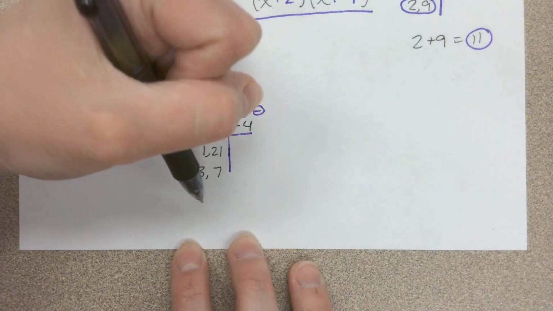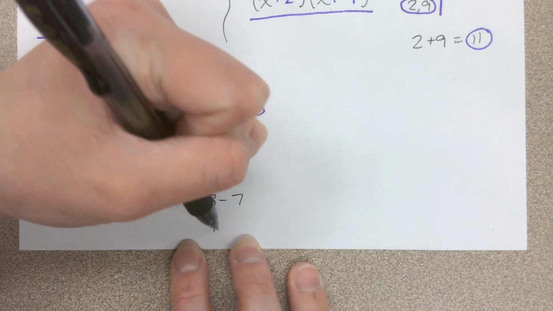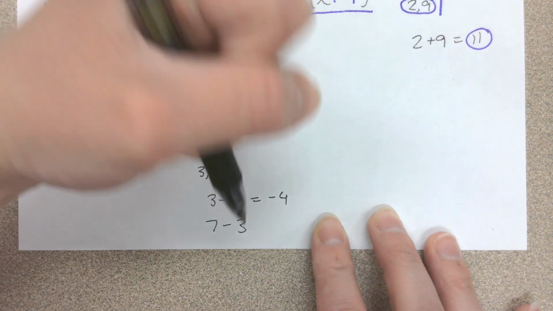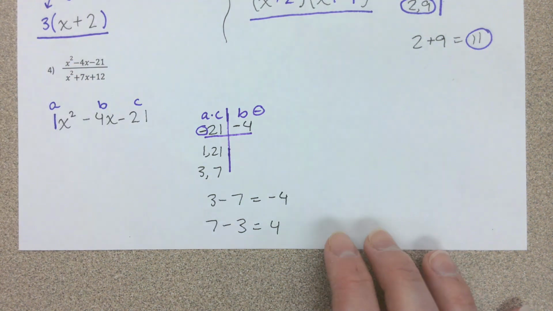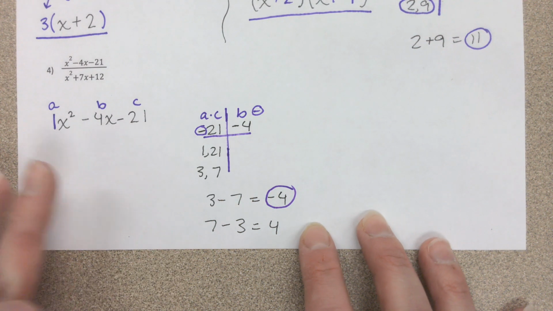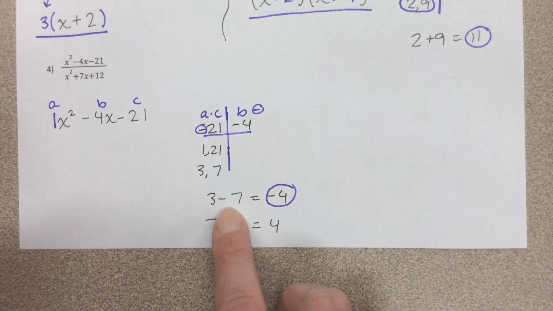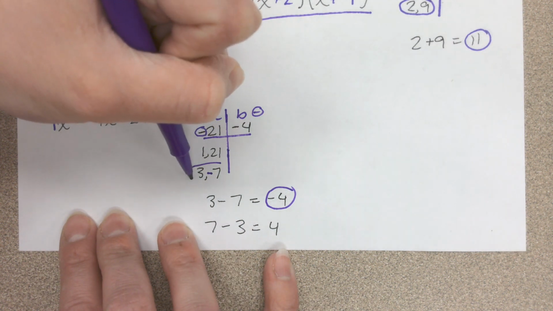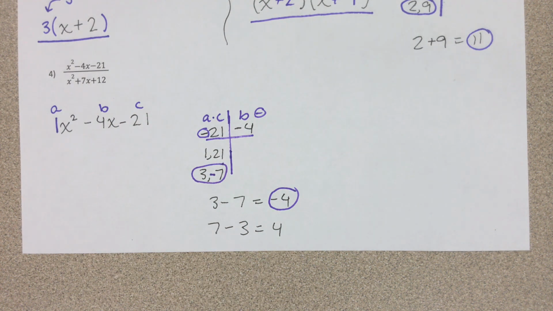The two ways are 3 minus 7 and 7 minus 3. 3 minus 7 is negative 4. 7 minus 3 is positive 4. And we want negative 4 in this problem, so we're going to go with 3 and negative 7. So those are going to be our two factors.